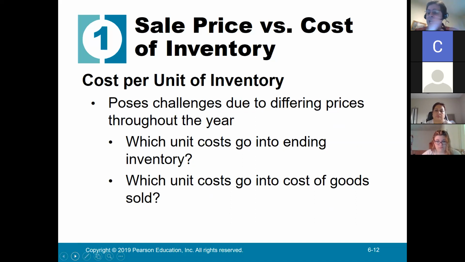When you have those kind of changes in cost, it makes a big difference whether you use the higher cost or the lower cost when determining your cost of goods sold or your ending inventory. But that is unusual. That is kind of not the norm. Most of the time, prices and costs are pretty steady. But we have to deal with the possibility that it could change more dramatically, like the price of oil has, or the cost of oil recently.